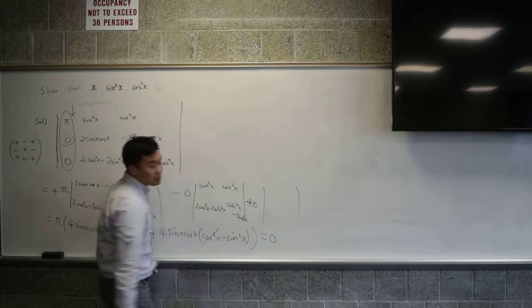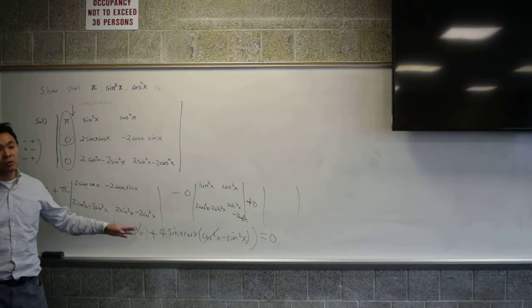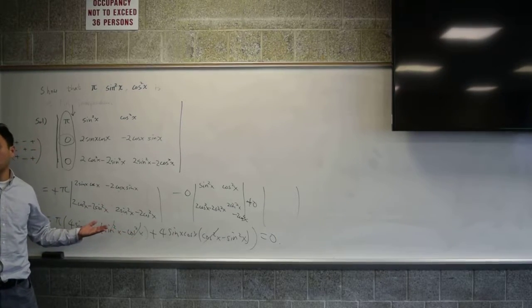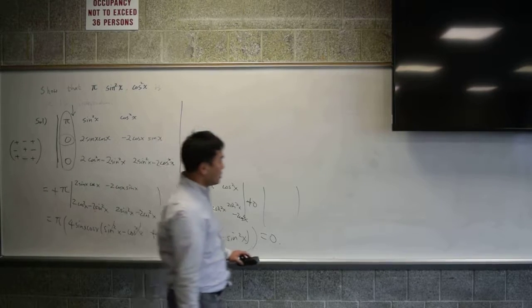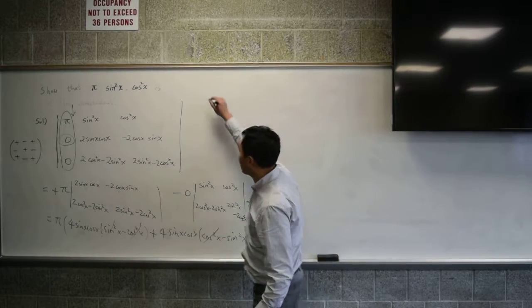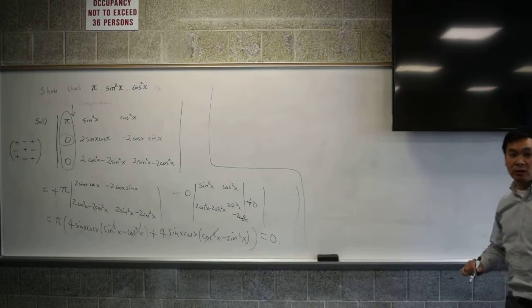Now, if the Wronskian becomes 0, what does that mean? It's linearly dependent. If it's not equal to 0, that's the proof that they're linearly independent. If it's equal to 0, that means they're dependent. All right. Here's another solution that doesn't require Wronskians.